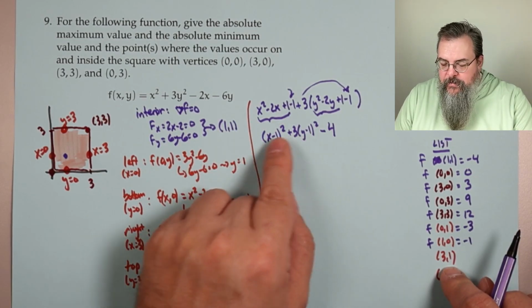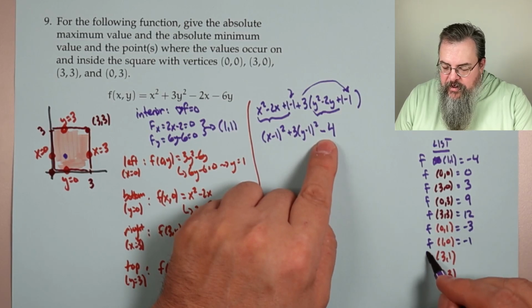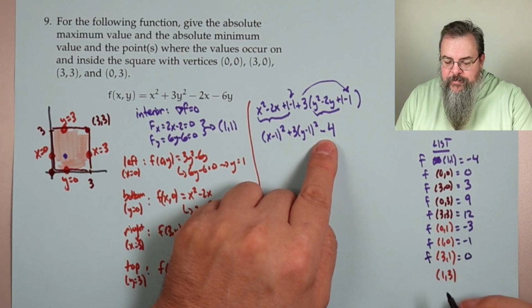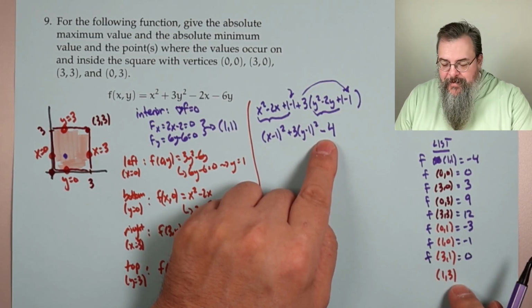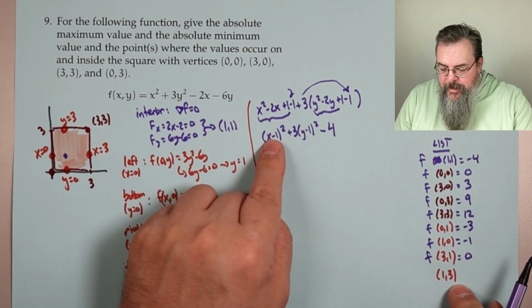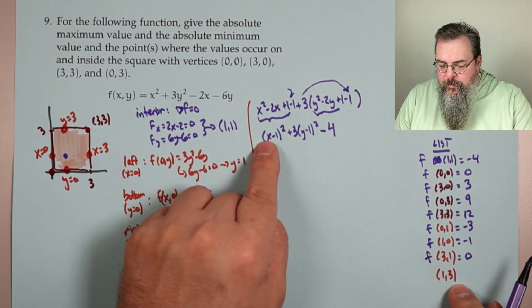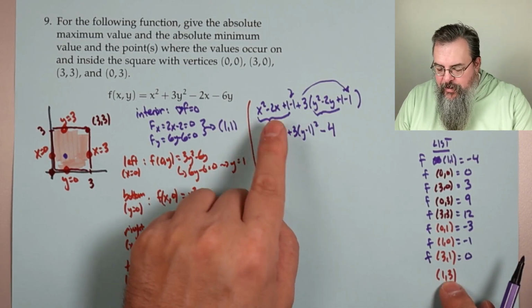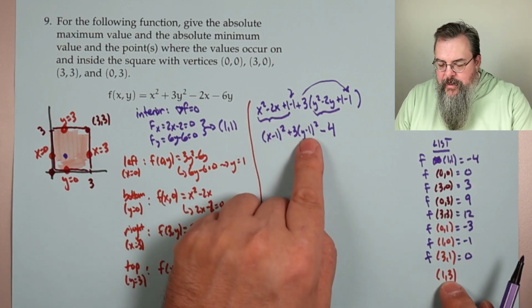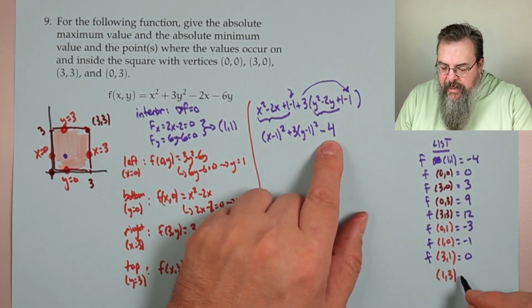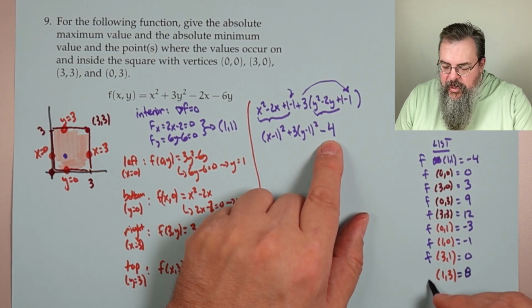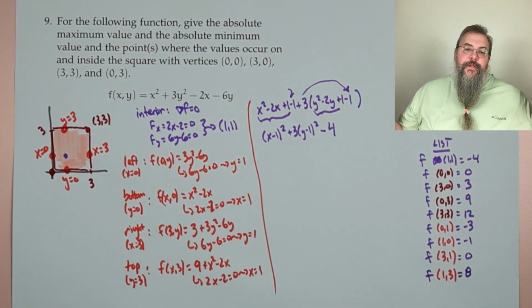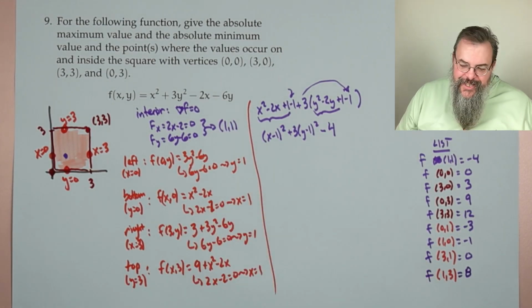That goes away. 4 minus 4 is 0. So that's 0. 1 comma 3. You'll get 1 minus 1, 0, so that goes away, 0. And then you have 3 times 4, 12, minus 4 is 8. Okay, so those are the numbers.